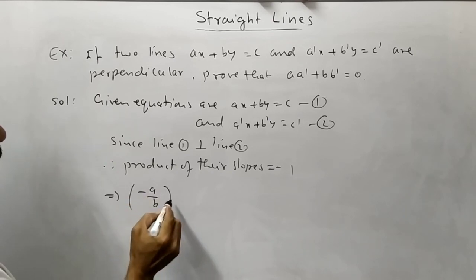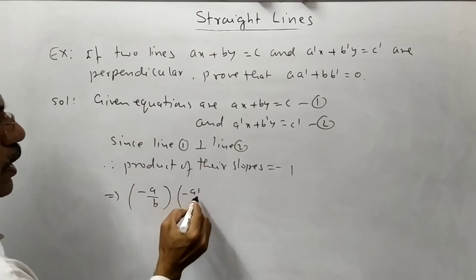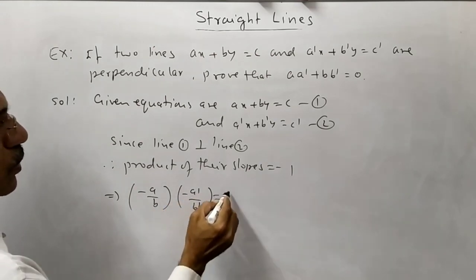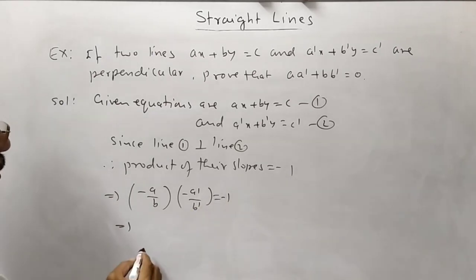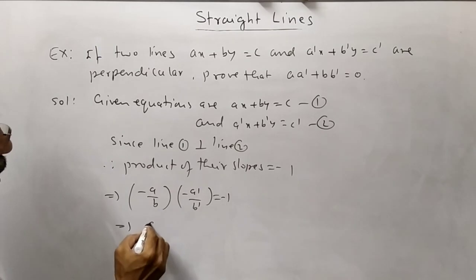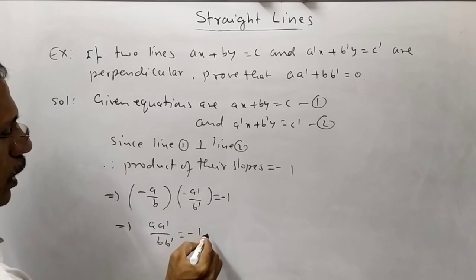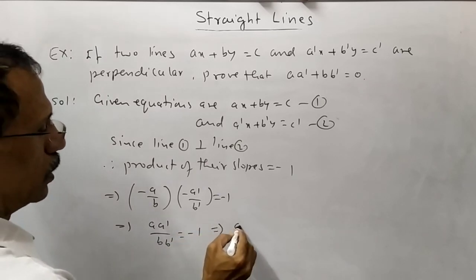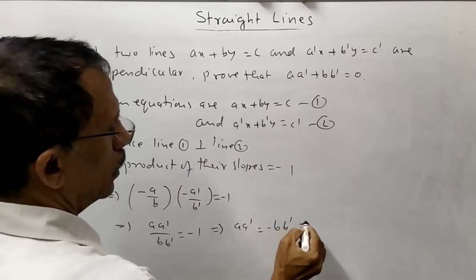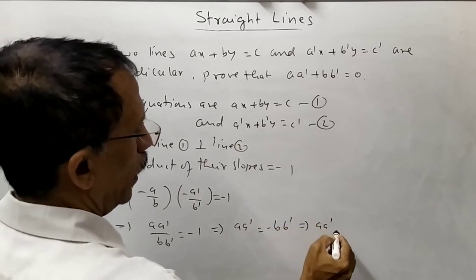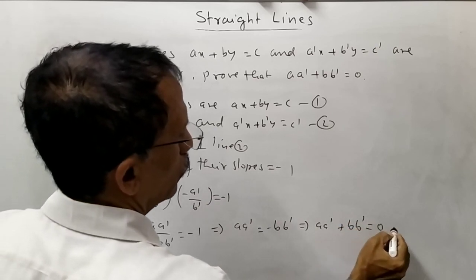Minus a by b into slope of equation 2, which is minus a dash by b dash, is equal to minus 1. This implies minus into minus will get plus aa dash divided by bb dash is equal to minus 1. This implies aa dash is equal to minus bb dash, implies aa dash plus bb dash is equal to 0.